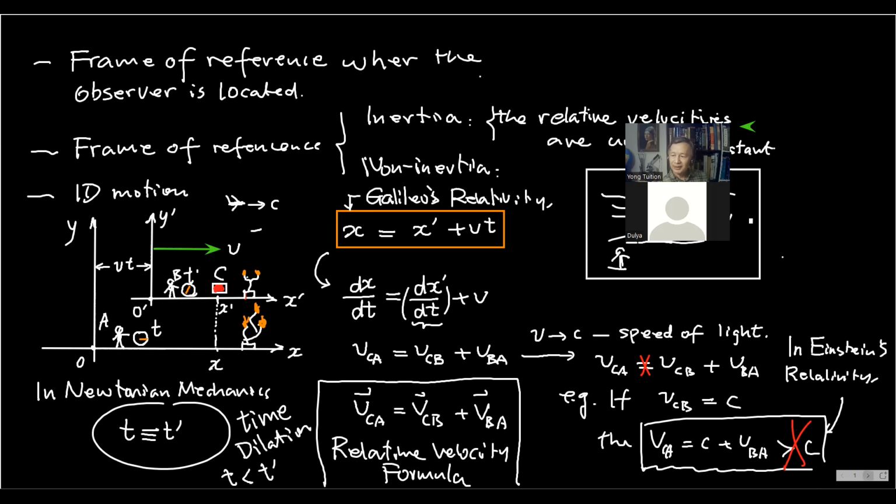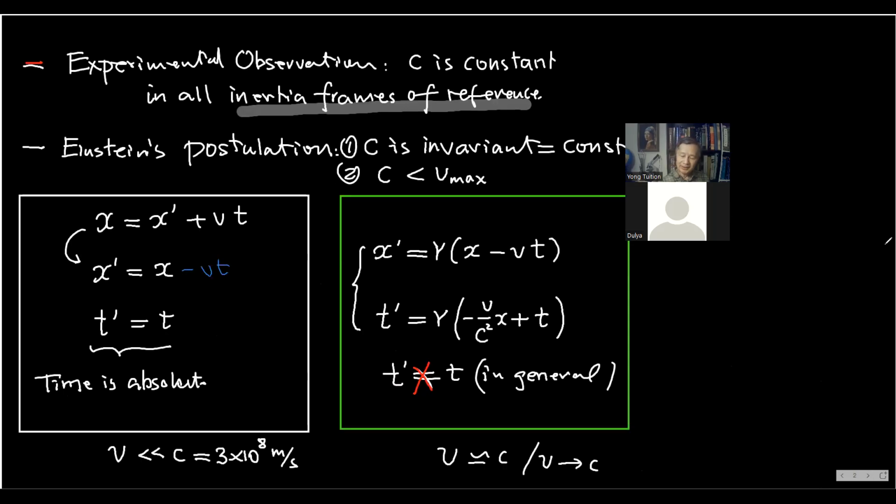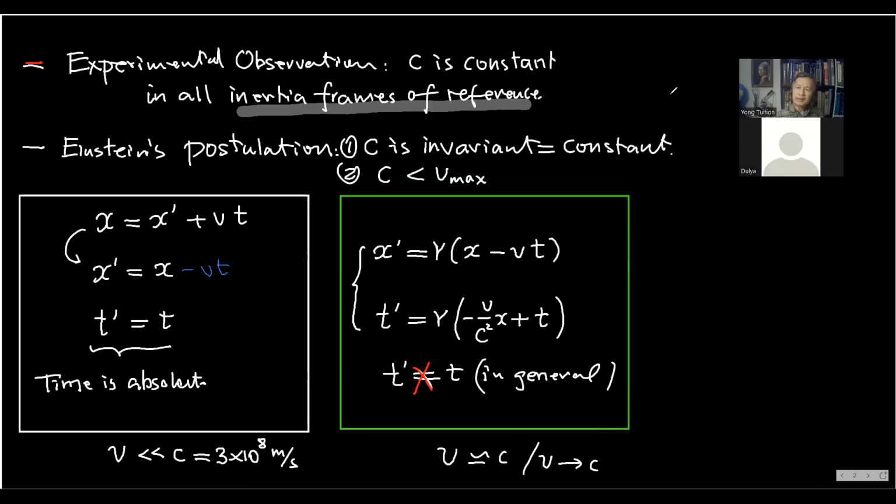In order to explain this idea, you really have to learn what we call the Lorentz transformation. Have you heard of the Lorentz transformation? To discuss this simultaneity, if you want to understand that, you have to use the Lorentz transformation.